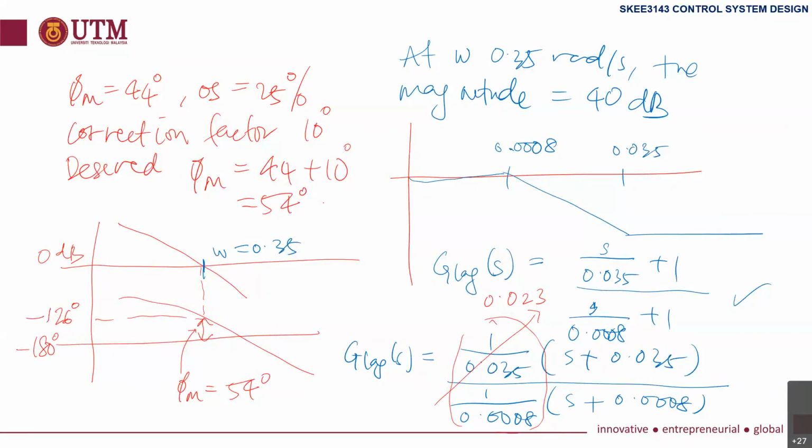Hope you try and design the lead compensator. The correction factor of 10 degrees here is also an estimate. If we design using MATLAB, using a computer, then we can try various values of correction factors, 10, maybe we can try 5, to get the desired phase margin that we want.